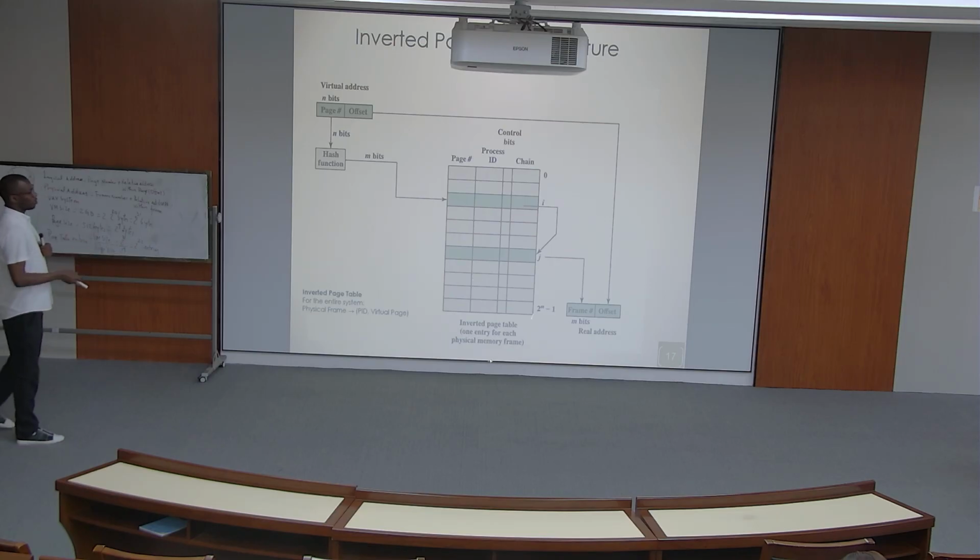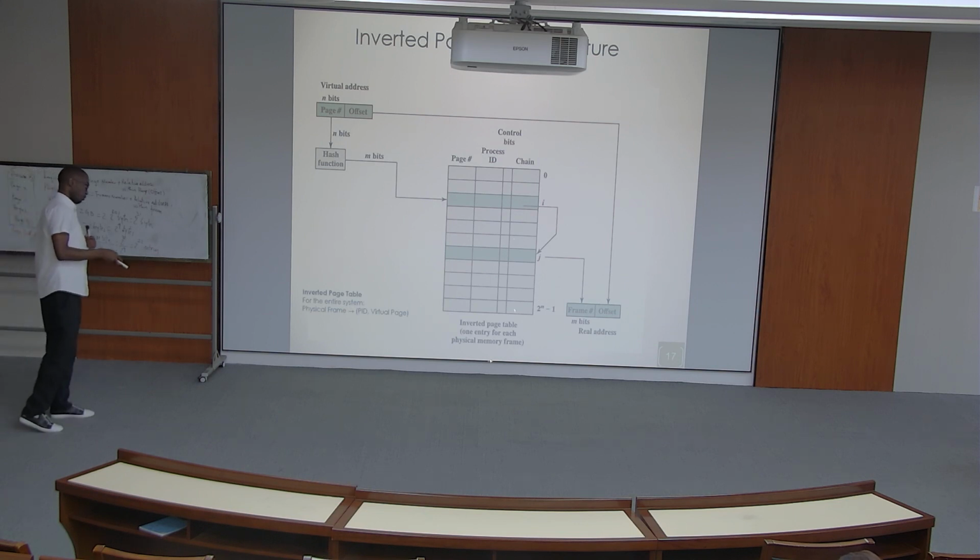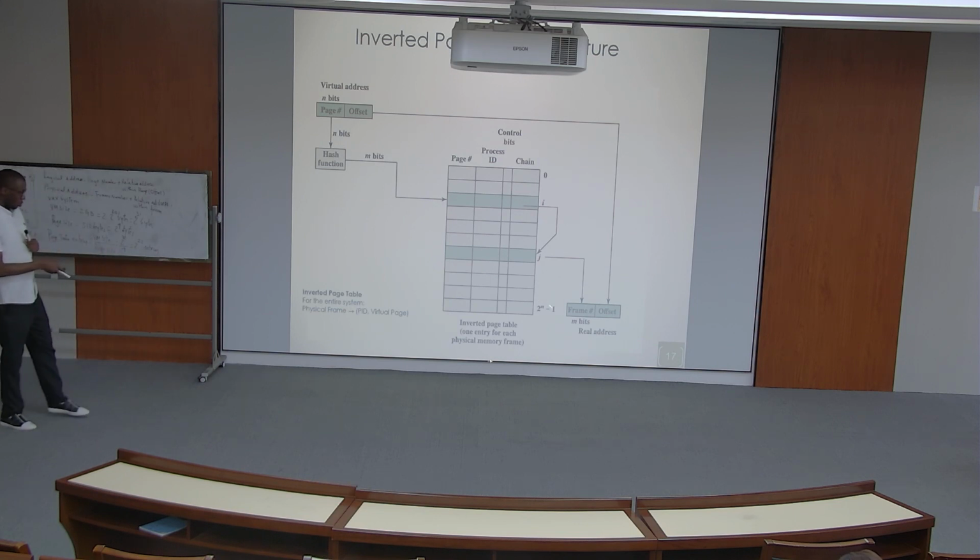Each inverted page table includes only one entry for each physical memory frame. We can easily get the translation of the virtual address to the real address, the physical address, which is now m bits, and which includes the frame number as well as the relative address within the frame, which we also call the offset.